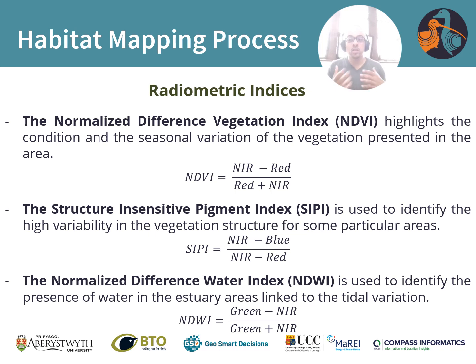This is important because in some parts we have forest areas and croplands, and for these areas the distribution of the vegetation was hard to identify. This index gives us an idea about the different distribution between these different vegetation structures.